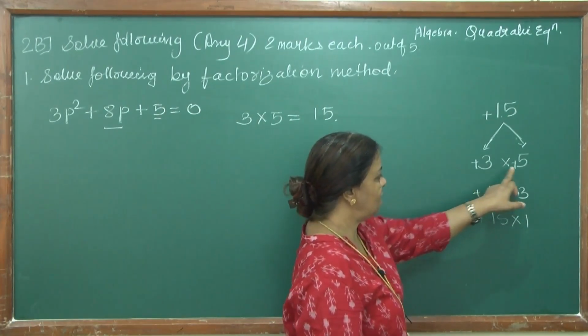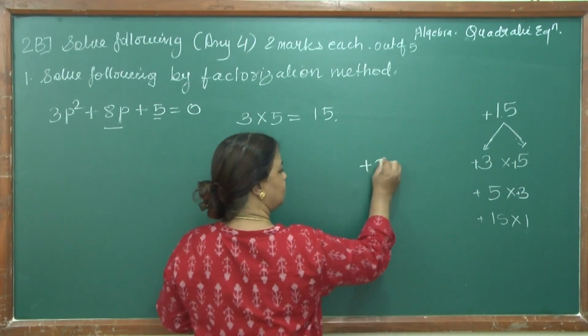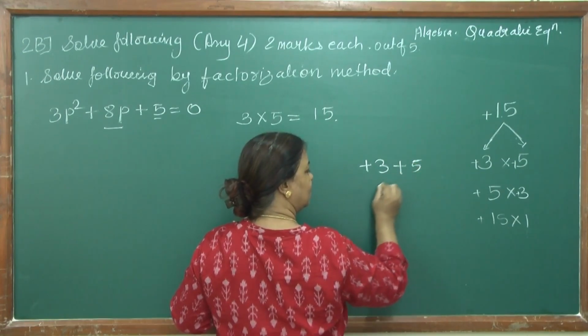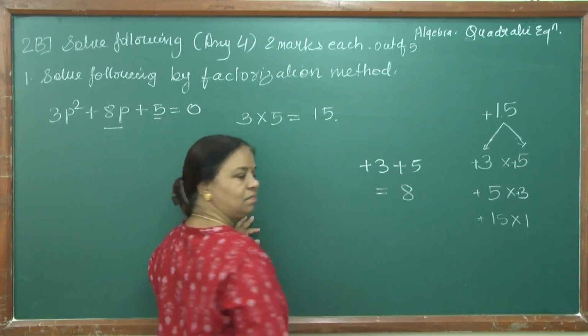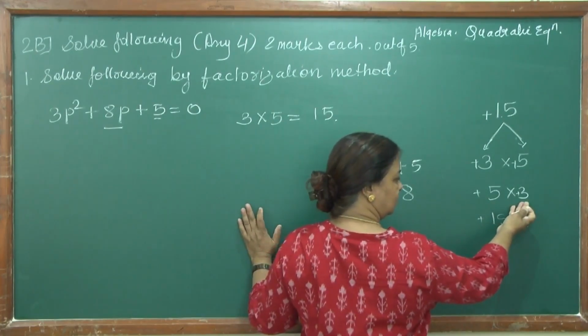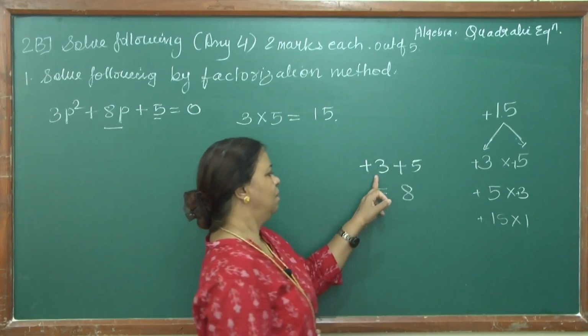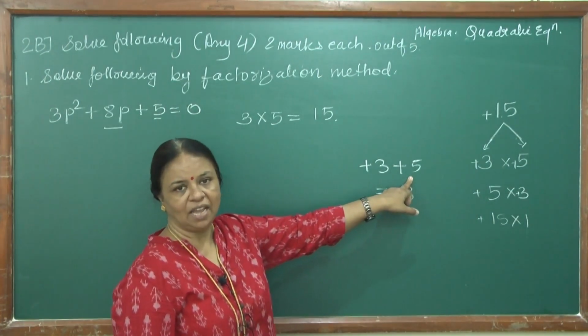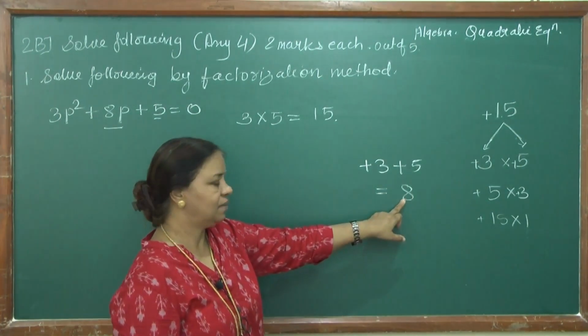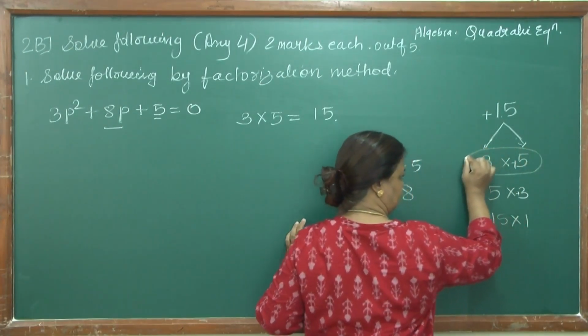Plus 3 and plus 5 give me plus 8. The other one is the same only. So let's take plus 3 plus 5. If I add both numbers, I get 8. So this is my choice.